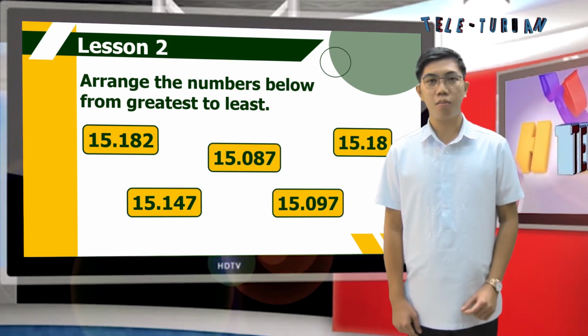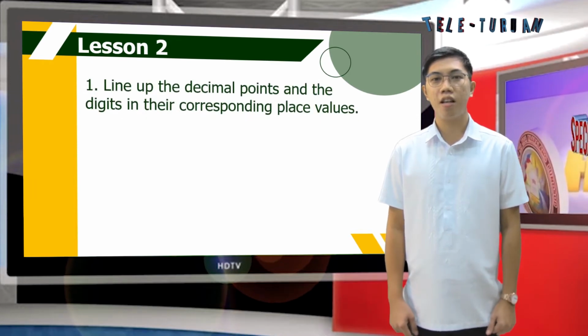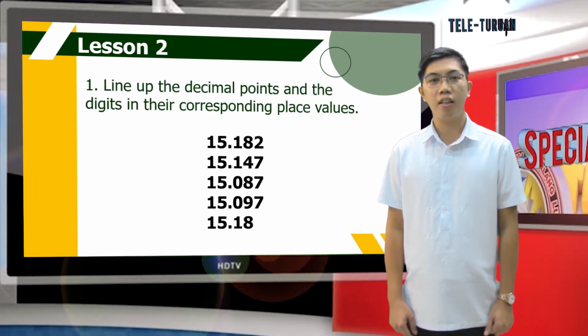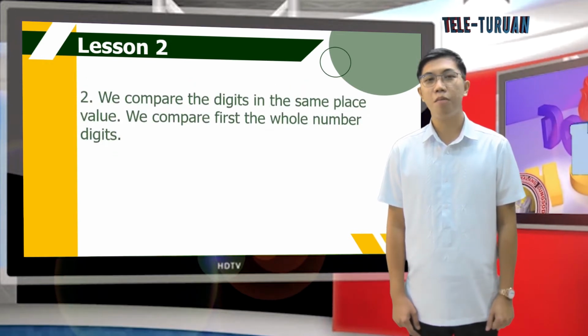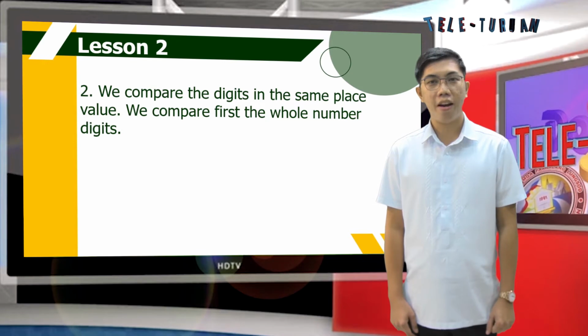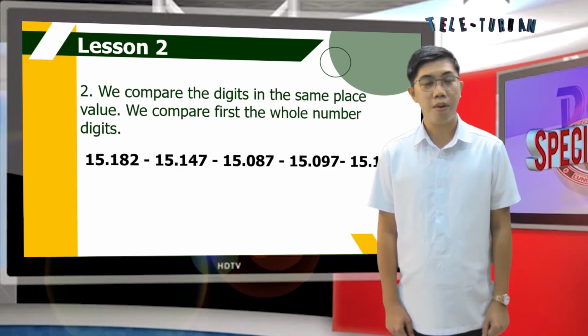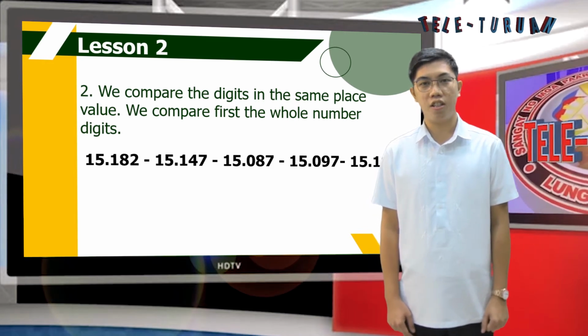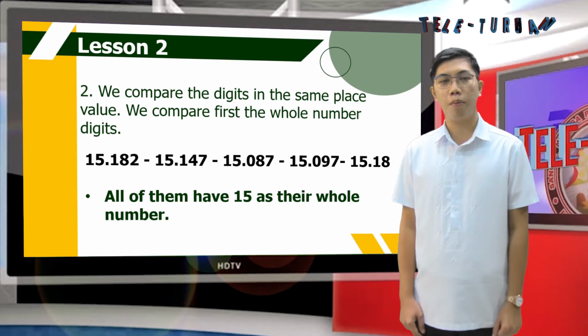In arranging decimal numbers, all we need to do is to line up the decimal points and the digits in their corresponding place values. Then, we compare digits. We compare the digits in the same place value. We compare first the whole number digits. All of them have 15 as their whole number.